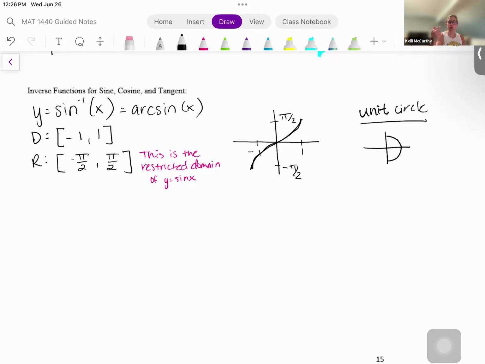Again, we're restricting the domain on our y equals cosine function so that we do end up passing the vertical line test when we look at the inverse. And that range of 0 to pi is the restricted domain of y equals cosine of x.